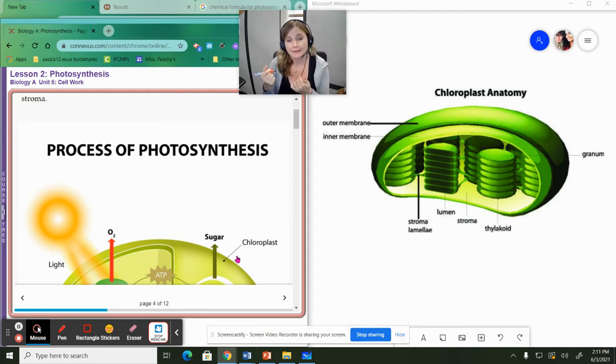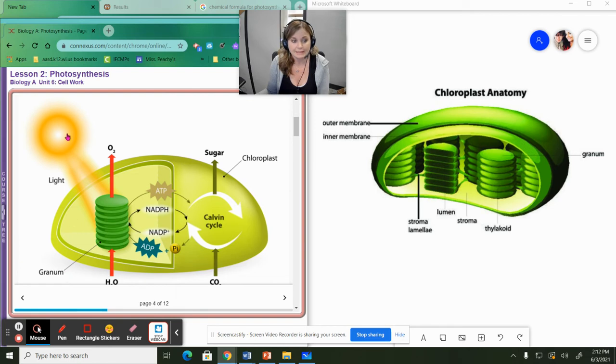The light-independent reactions don't. So they can either happen in the dark or in the light. It doesn't really matter. They're independent of light. But light is required for the light reactions, which is why you think of plants requiring light to do photosynthesis. For part of that process, they do need light. So light is kind of the catalyst of the reaction here.